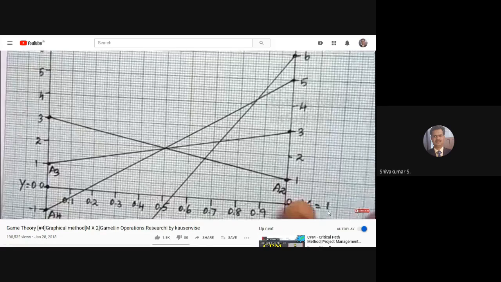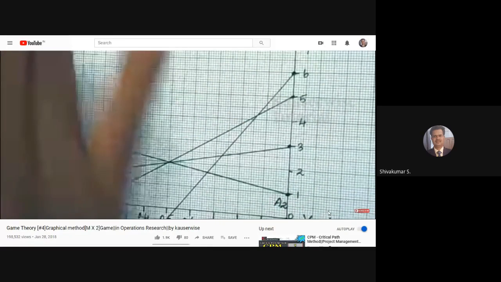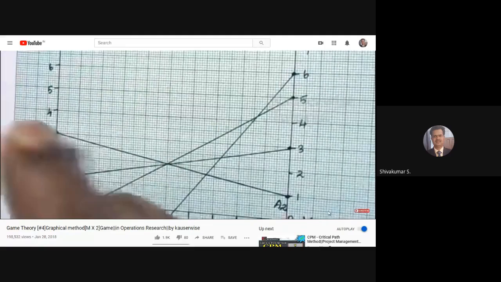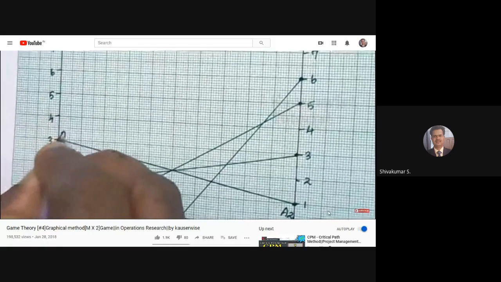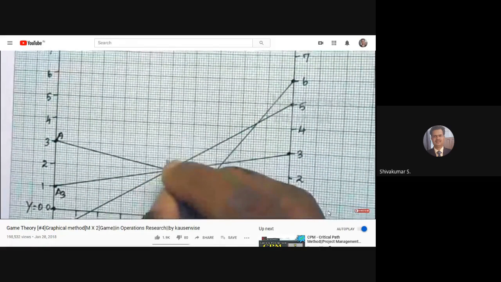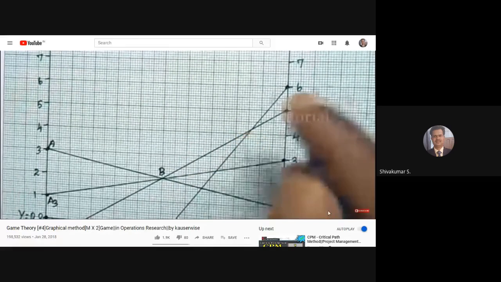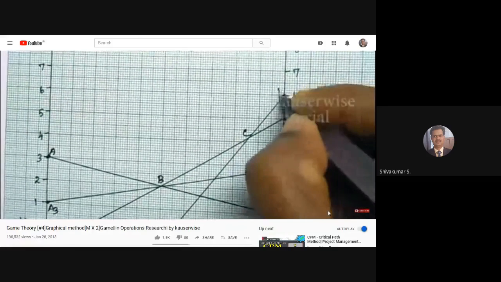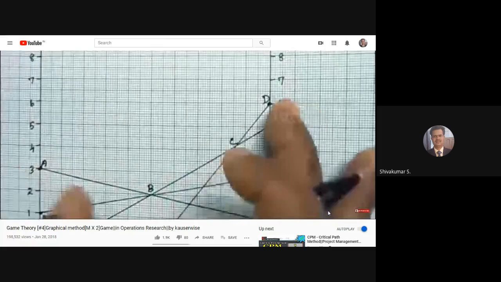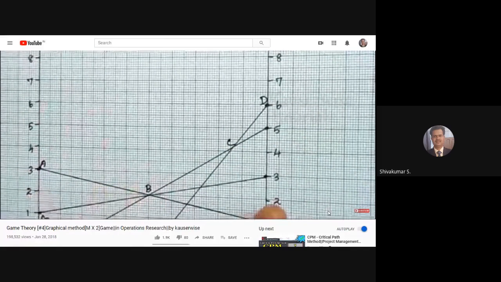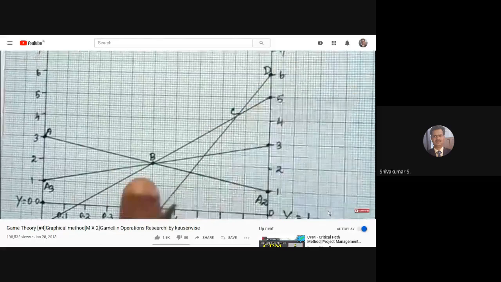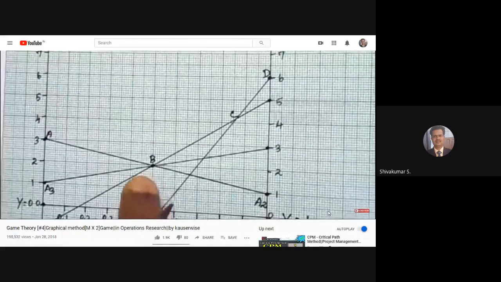Look at the graph. In the upper boundary, these are the intersection points. This point is A, this intersection point is B, this is C, and this one is D. In the upper boundary, we have 4 intersection points. Among the 4 intersection points, B is the lowest intersection point.